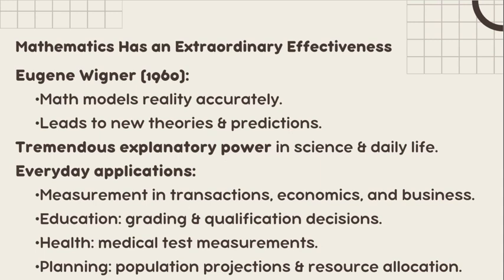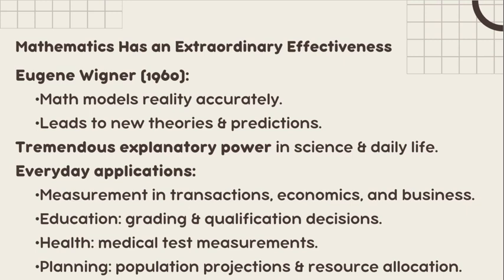So, according to the physicist Eugene Wigner, in an article published in the 1960s, he pointed out that the structure of a piece of physical reality rendered in mathematical language does not only satisfyingly model that reality, it also points to further advances in the theory and at times even to predictions.